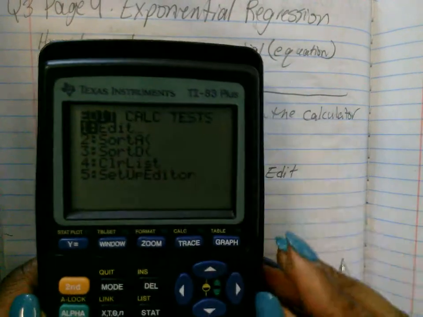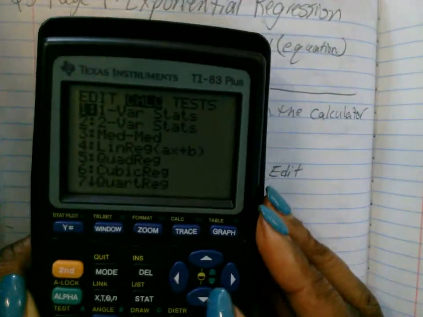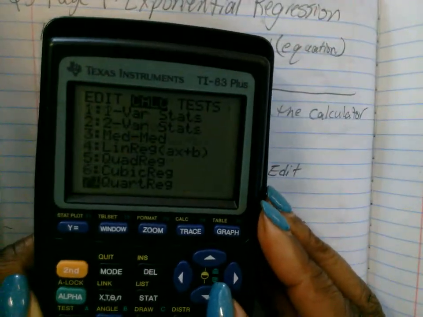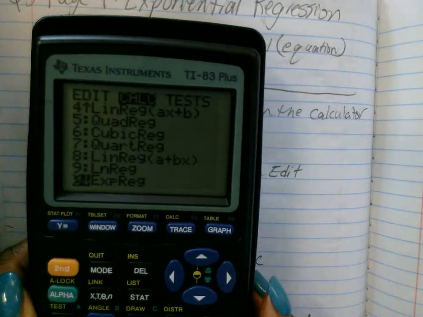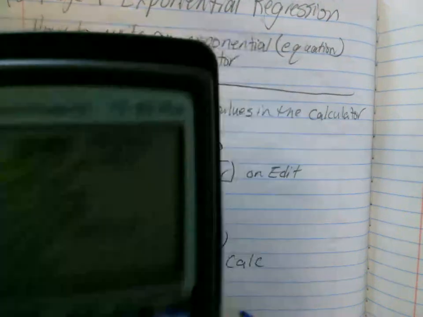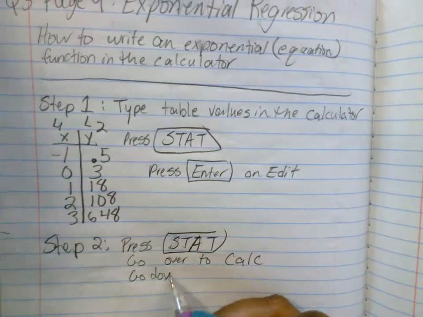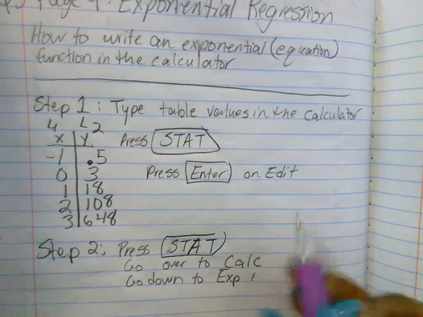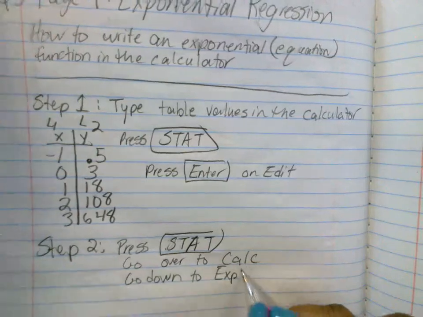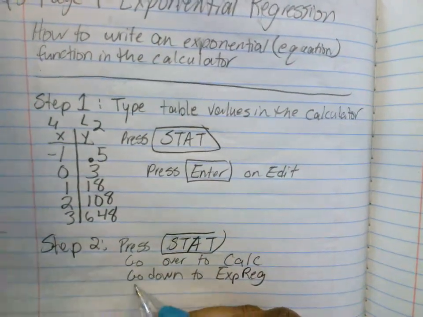Go over to CALC. And then we're going to go down and find exponential reg. Which number is exponential reg? 0. Go down to exponential reg. Okay, press enter.